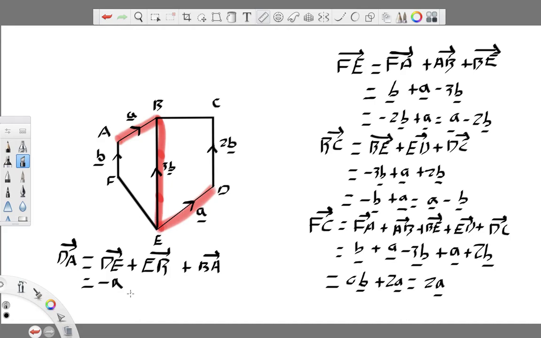And we've got E to B, well that's plus 3B. We've got B to A. Well, A to B was A, so in reverse B to A, that will be minus A.